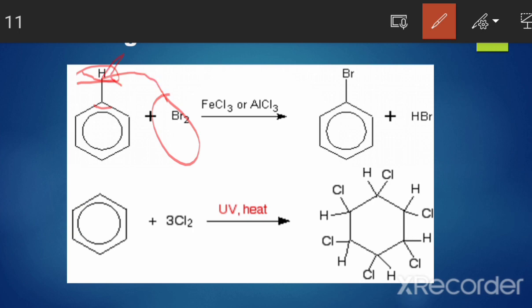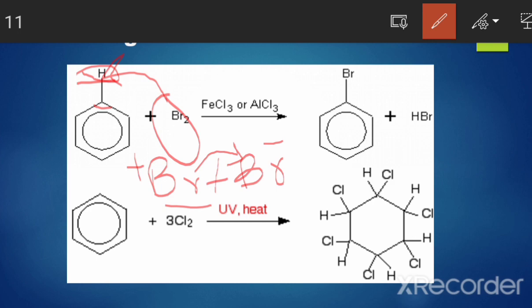this is like bromine, and this bromine will break its bond, and one bromine will give electron to the other bromine, that will convert into a negative bromine, and the other will convert into a positive bromine.